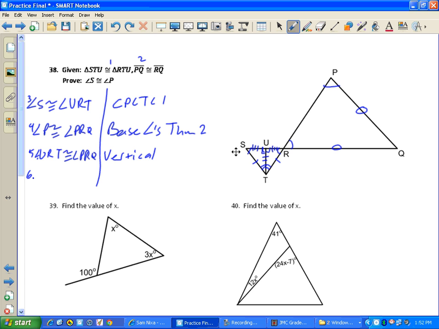And then I can say that angle S is congruent to angle P through transitivity, because S is congruent to here, this is congruent to that, and that is congruent to that. So I'm following a path. This is transitive, which is a combination of statements 3, 4, and 5.